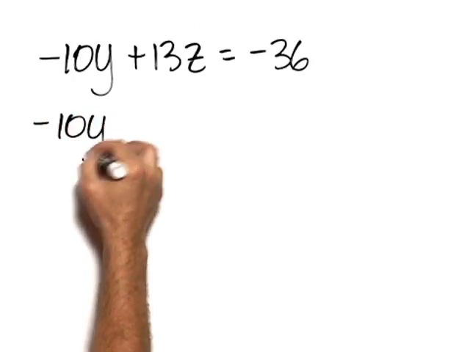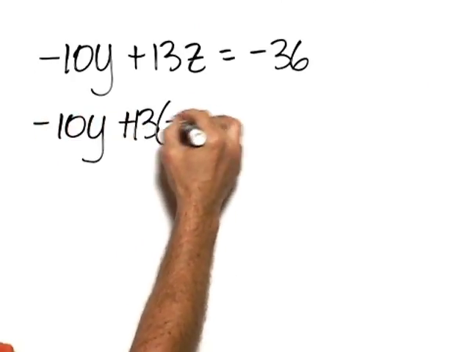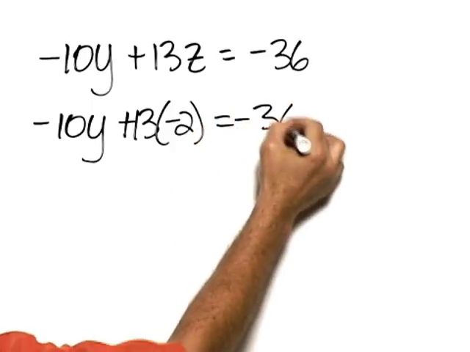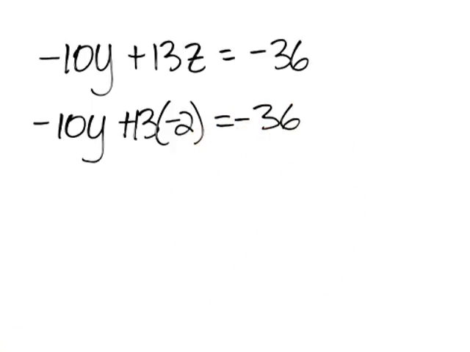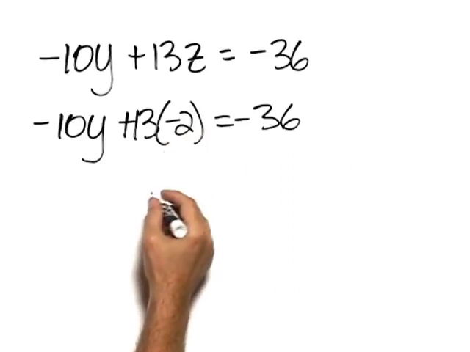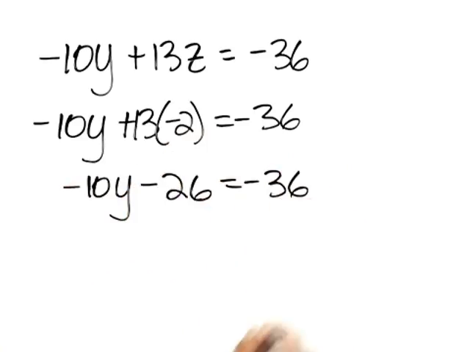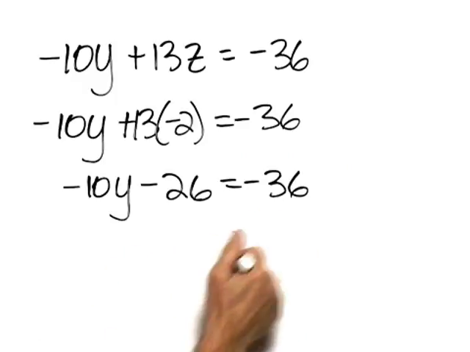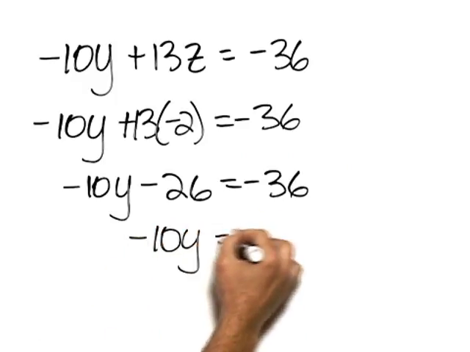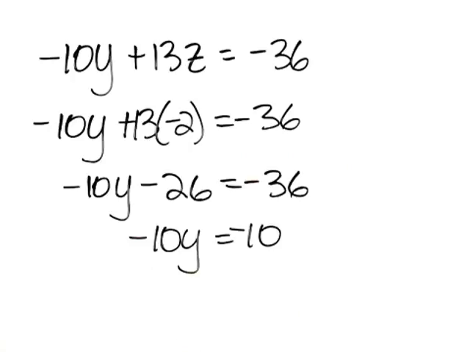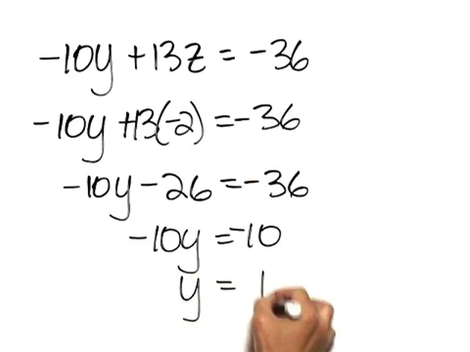So negative 10y plus 13 times negative 2 equals negative 36. This is negative 26, so negative 10y minus 26 equals negative 36. Let's add 26 to each side, so negative 10y equals negative 10. That means y is equal to 1 because negative 10 divided by negative 10 is 1.